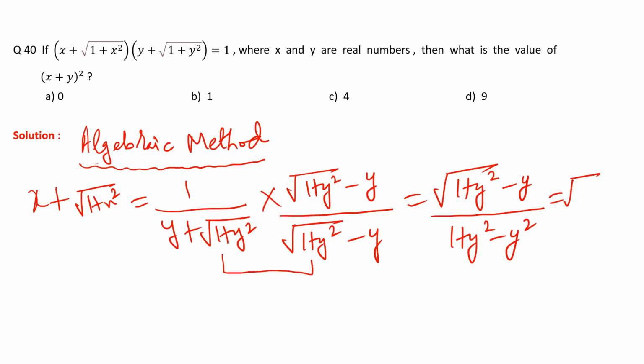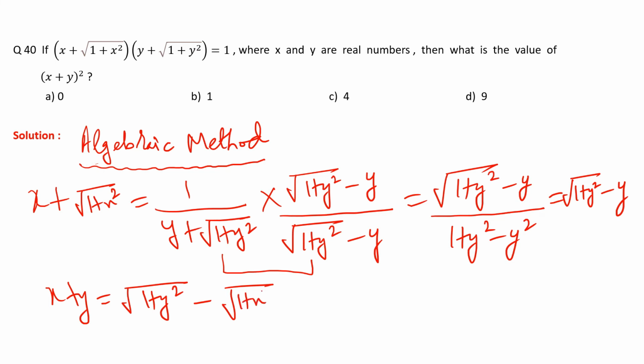So now it becomes square root of 1 plus y square minus y. So that means we get x plus y equal to square root of 1 plus y square minus square root of 1 plus x square. Right? Now this is our equation number 1.